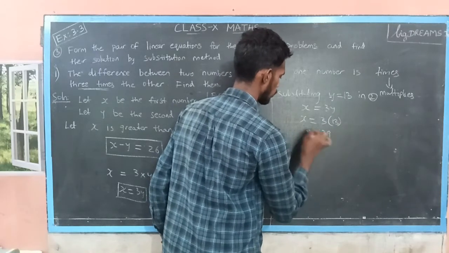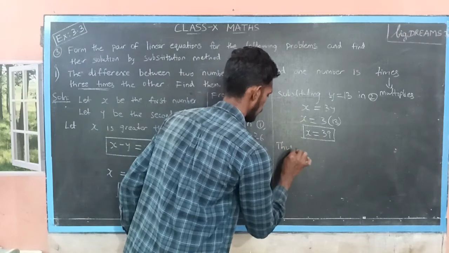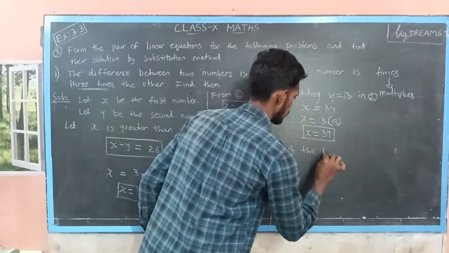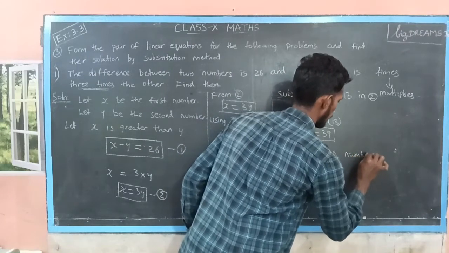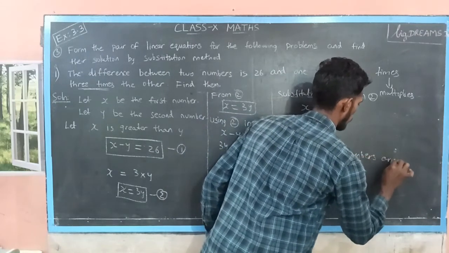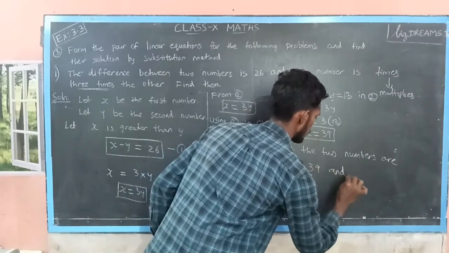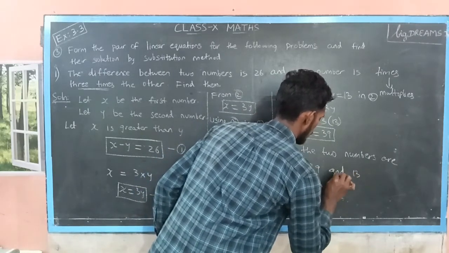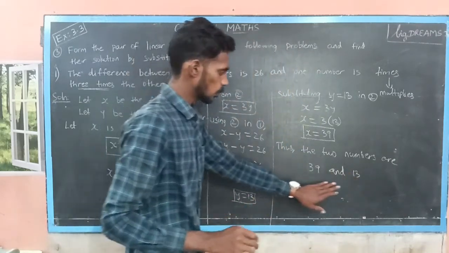So, x is equal to 39. Thus, the two numbers are 39 and 13. x is equal to 39 and y is equal to 13. These are the two numbers.